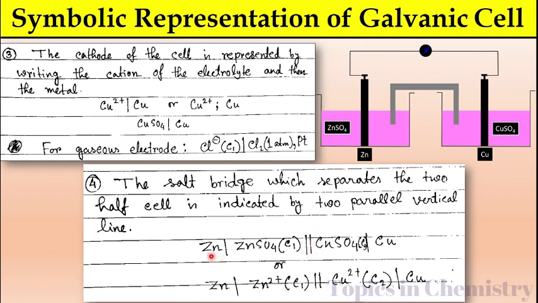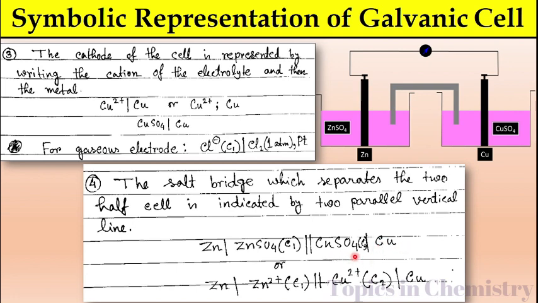So ultimately this is the final notation of the galvanic cell, any galvanic cell. First you have to write the metal, then the metal electrolyte, and you have to write the concentration. This left hand side is the anode, always the left hand side is the anode. Then you have to write the vertical lines, two vertical lines represent the salt bridge, and then you have to write the copper sulfate, with its concentration, then a vertical line, then the copper electrode.